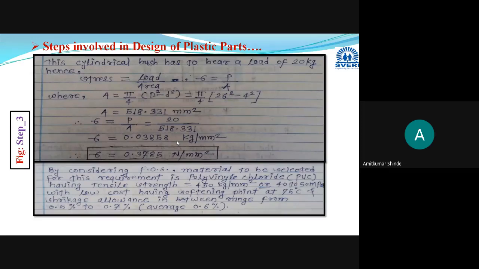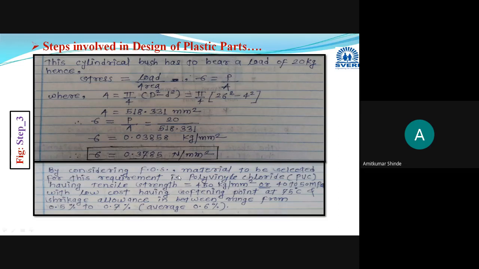Now there will be a standard chart. According to the standard chart values, each material has some standard tensile strength value, and with the help of that chart you can decide the material.